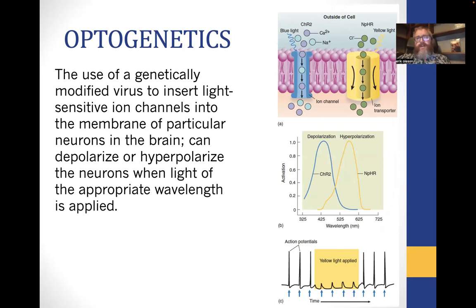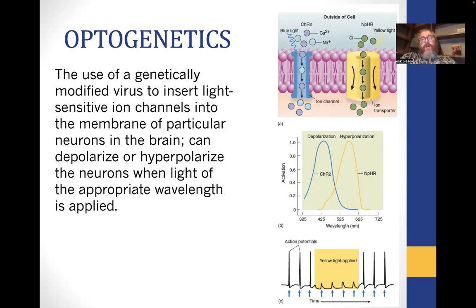So what you can see here at the top are two graphics, one of channel rhodopsin being illuminated by blue light. In this case, what I would do is put a blue laser right above the brain region that I infused a virus carrying the DNA to lead to the expression of this channel rhodopsin 2 ion channel.